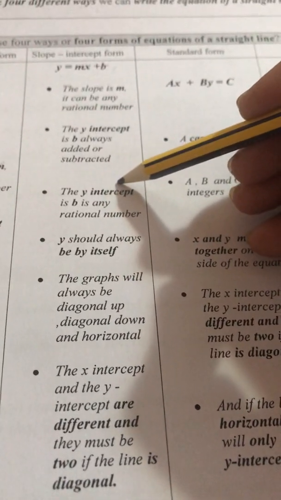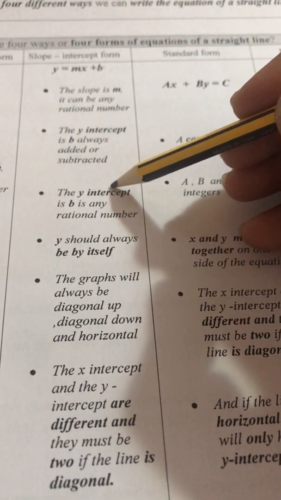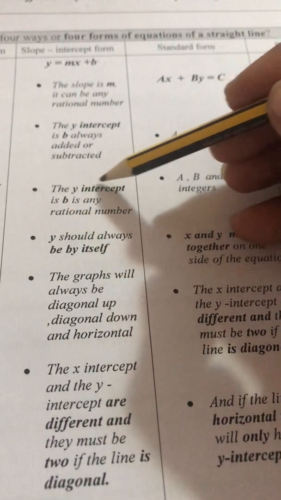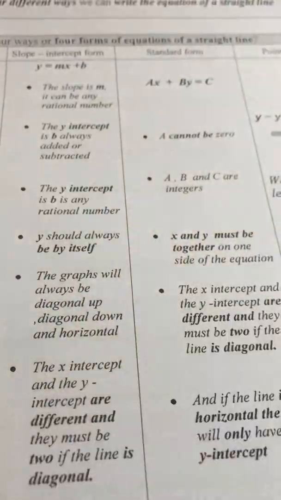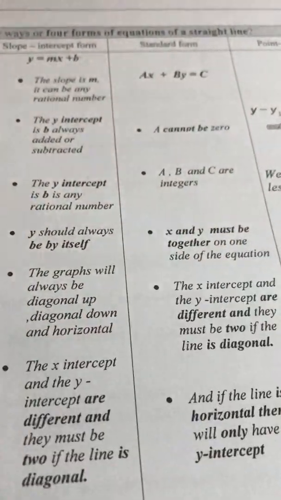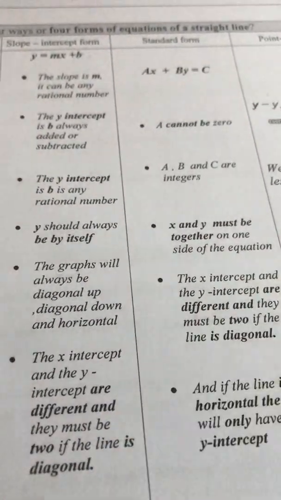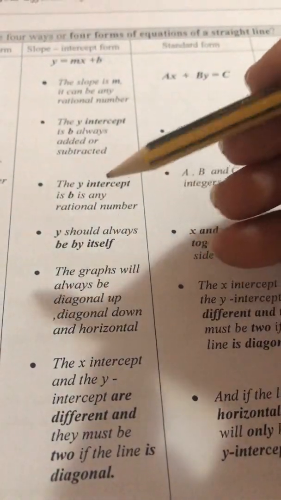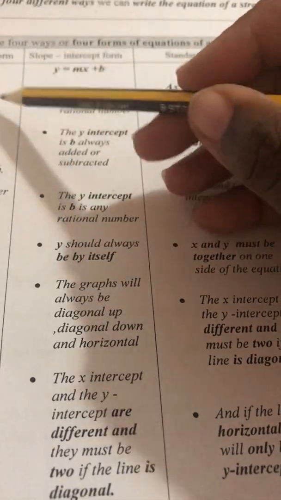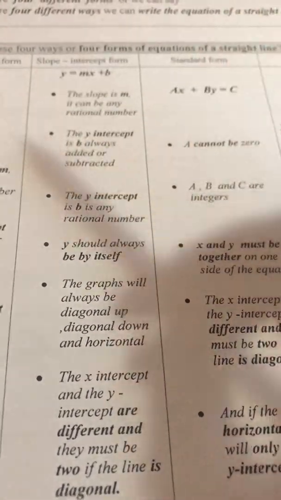The y-intercept b is any rational number. It can be a fraction, a decimal, a negative number, a positive number, or 0. Y should always be by itself. This y cannot be with anybody else.